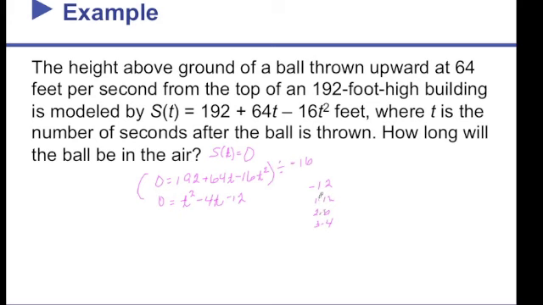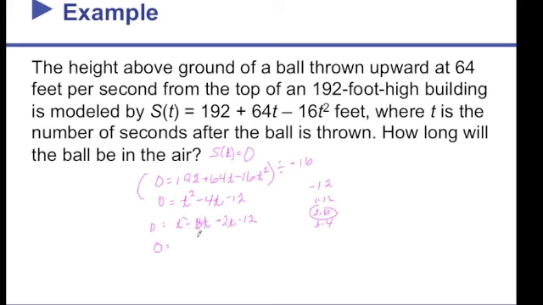Since the signs have to be different to get a negative, let's look at this one. Positive 2 and negative 6 would give me a negative 4. So t squared minus 6t plus 2t minus 12. That still equals 0.